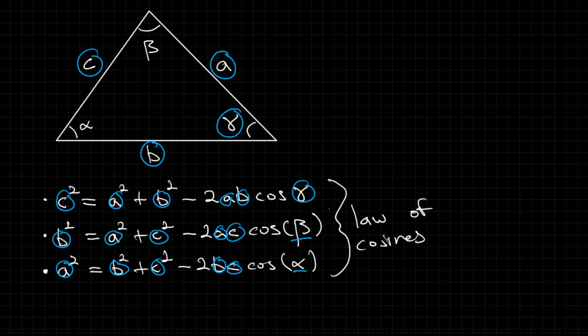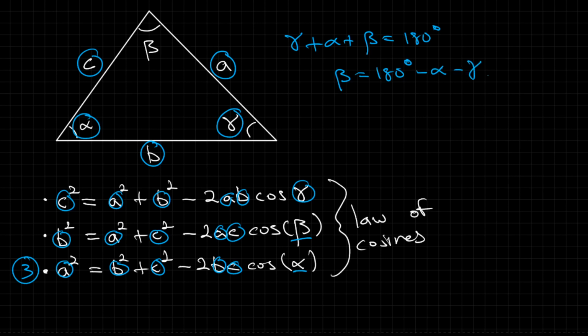What I'm going to do is figure out alpha from the third equation here. And then once you have alpha, you could use the second equation to figure out beta, or what I'll do is, since I know that gamma plus alpha plus beta is 180 degrees, I'll use this to solve for beta and find that beta is 180 degrees minus alpha minus gamma. But of course I need to know what alpha is before I can do that.